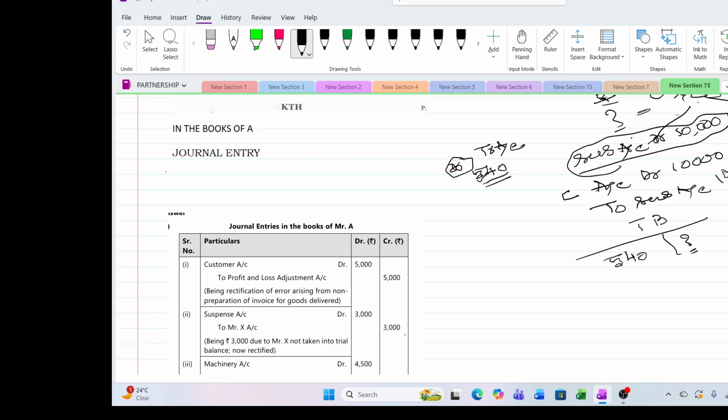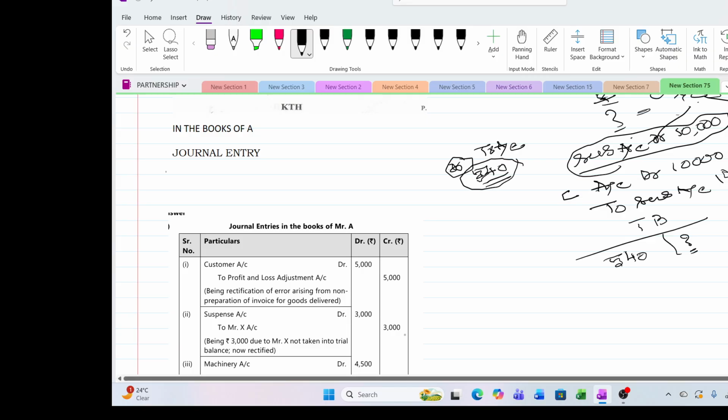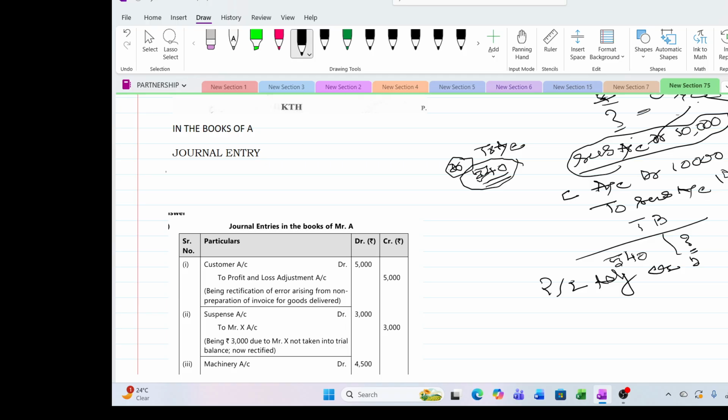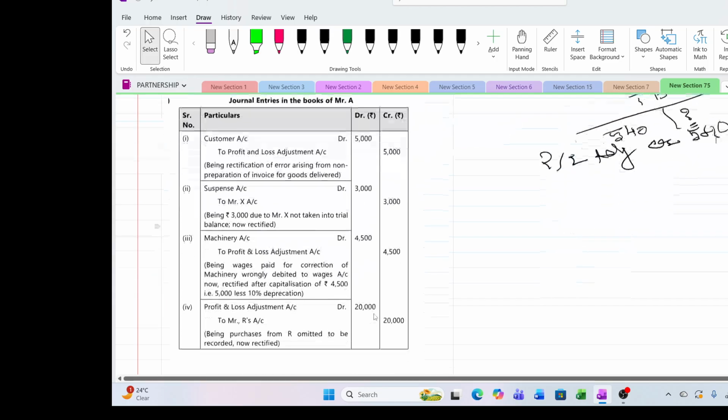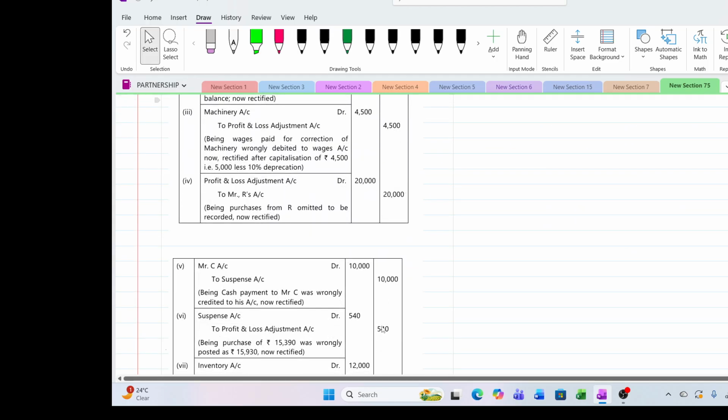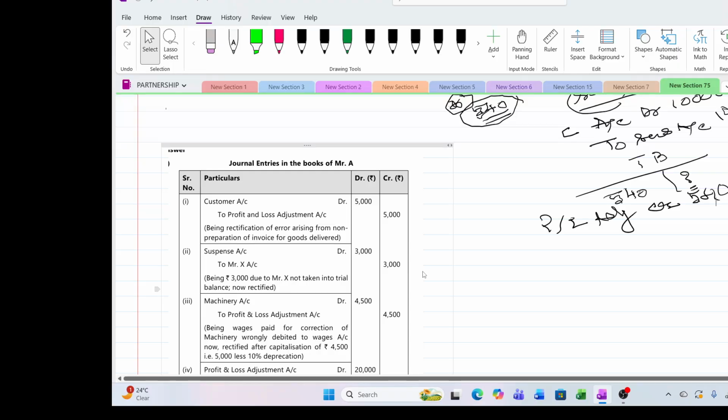Okay. So what we would have done? Suspense account credit would have been done. Now, this is the profit reduced portion. So you have to credit the P&L adjustment account with 540 rupees instead of the suspense account. Okay. So suspense account is to be debited and P&L adjustment account is to be credited.